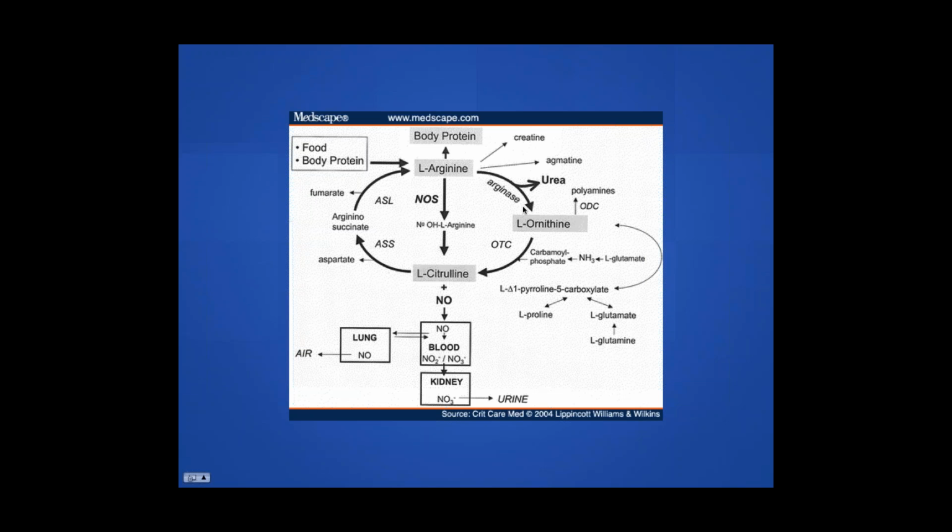As we go around the pathway, here's another enzyme, the OTC enzyme, involved in converting L-ornithine to citrulline. Then we create nitric oxide down this way. It's involved in the lungs, the blood, and the kidneys, and then it can be excreted in the urine.